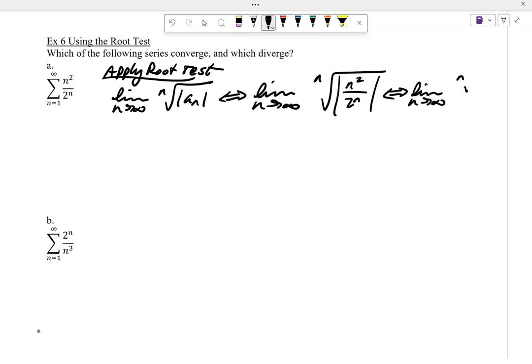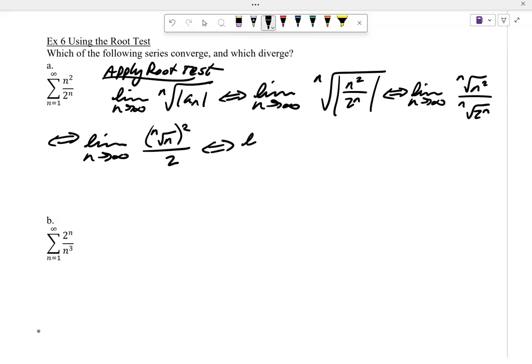So we get the nth root of that n squared. We drop that absolute value, and then we've got the nth root of 2 to the n. Let me write this another way. That's the nth root of n squared, and the nth root of 2 to the n is just 2. Let me write this in exponential form.